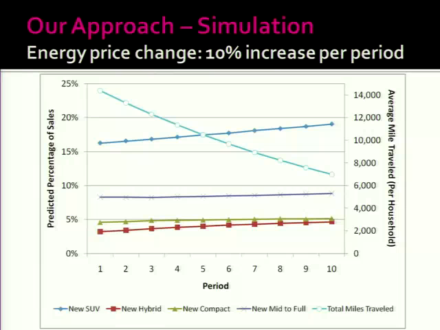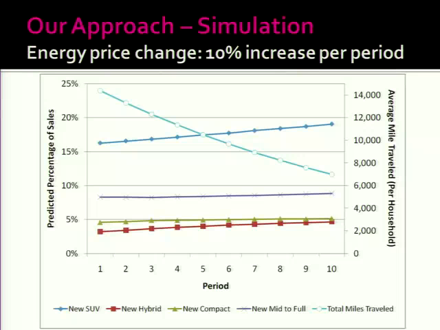So for the people that are buying hybrids, it could be that their travel remained pretty much constant from the first period and the 10th period, but this overall trend shows an average. So I think that sort of accounts for the difference in what you are mentioning. Okay, thanks.